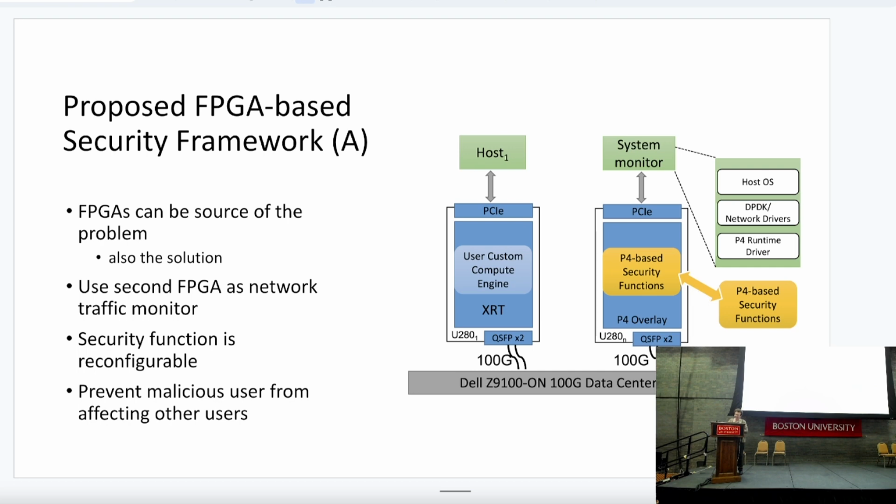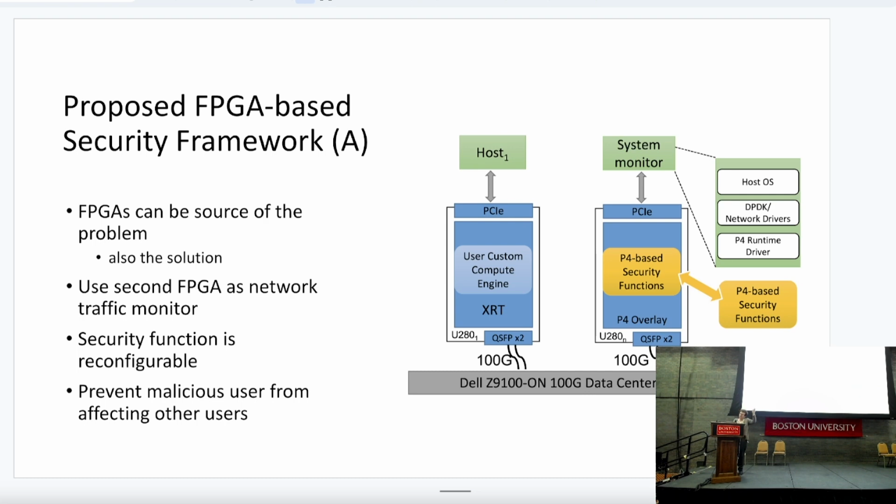So how are FPGAs part of the solution? Here's where the whole P4 role comes in. Given I have these devices on the network that potentially have malicious behavior, can I put an FPGA on there that monitors the network, detects that there's something malicious going on, and identifies who that potentially malicious user is? The second FPGA on the left is programmed with security functions.